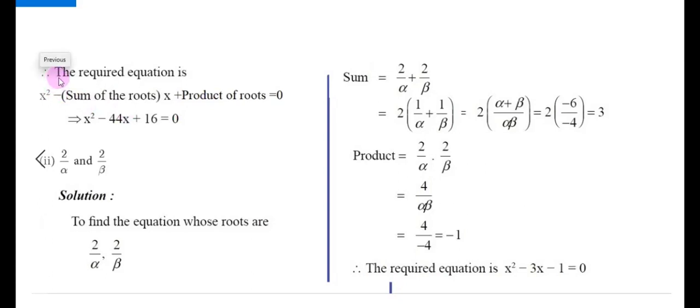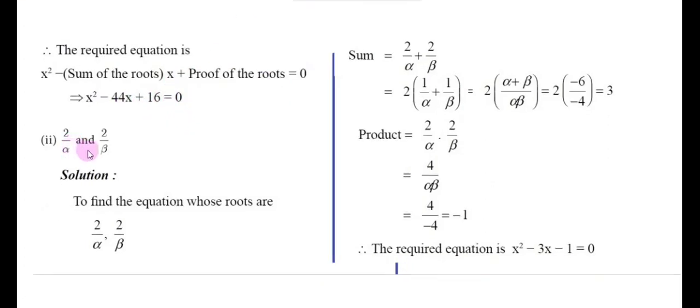Now look, the required equation is x square minus sum of roots x plus product of roots equal to 0. That implies, what is sum of roots? It is 44. So x square minus 44x plus, what is product of roots? That is 16. So plus 16 equal to 0. Understood?